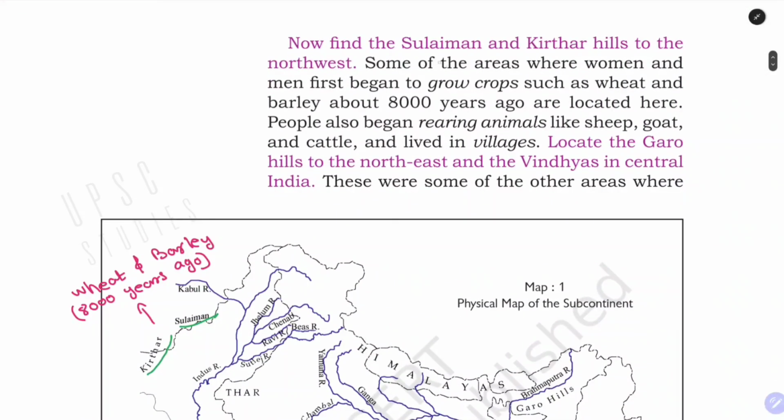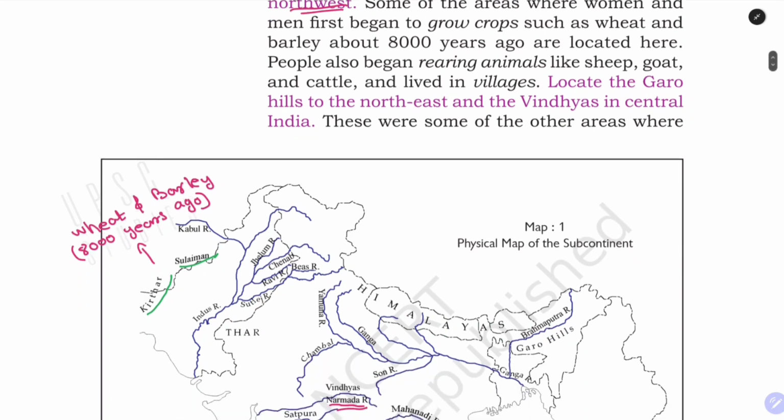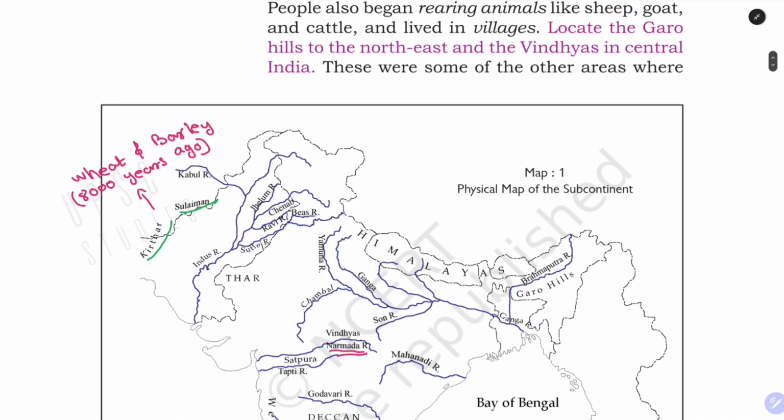Now, find the Suleiman and Kirthar hills to the northwest. So, where is the northwest? Here. This is the northwest region, and here you can find the Kirthar and Suleiman.